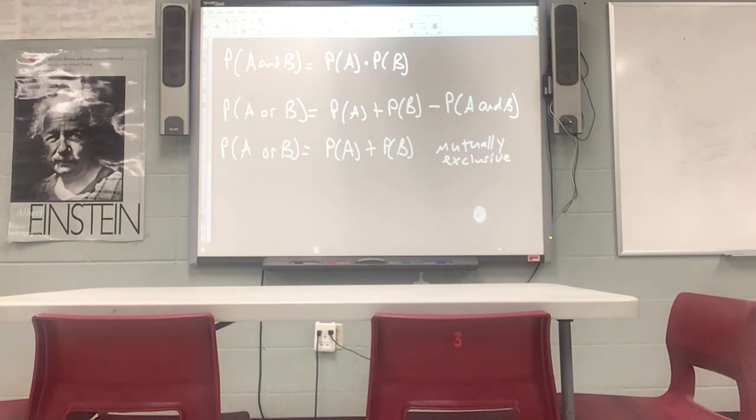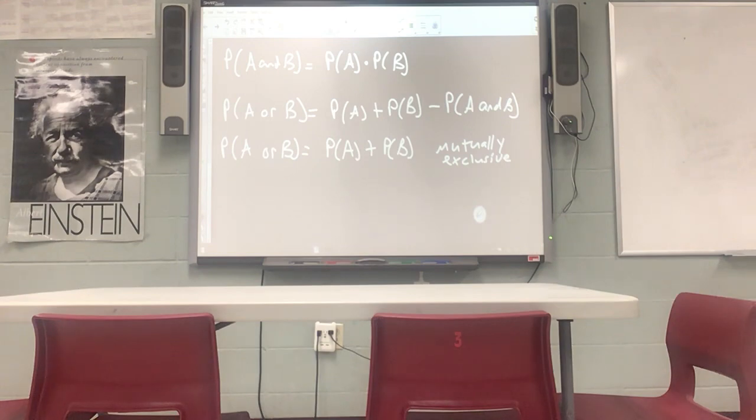No, you can't, it can't land on 2 and 3 at the same time. So since it can't happen at the same time, they're mutually exclusive. Okay, so can we roll that same one die and have it be an even number and a multiple of 3? Yes, 6. So that would not be mutually exclusive, because it could be both.